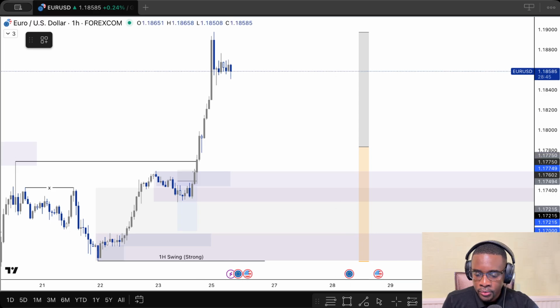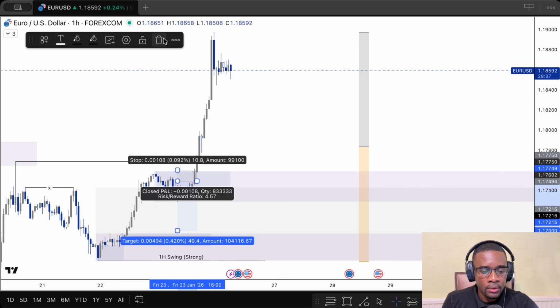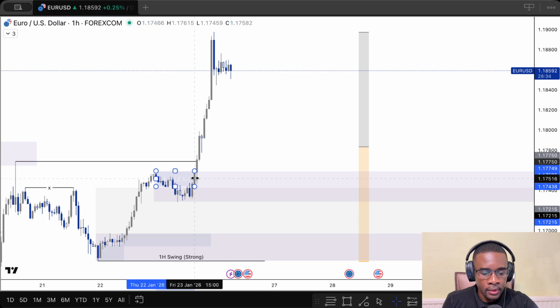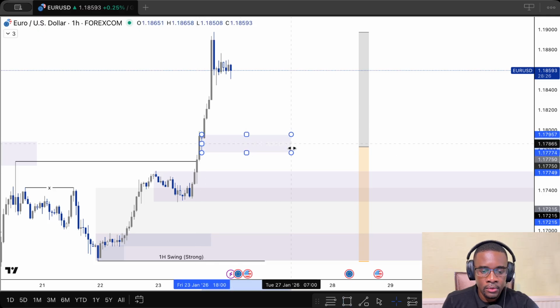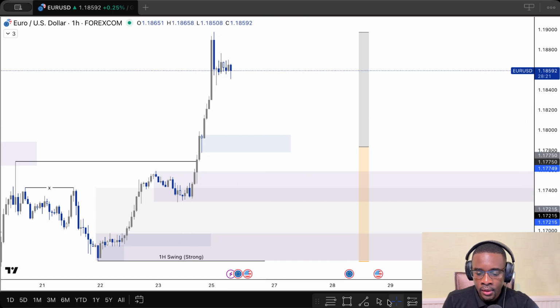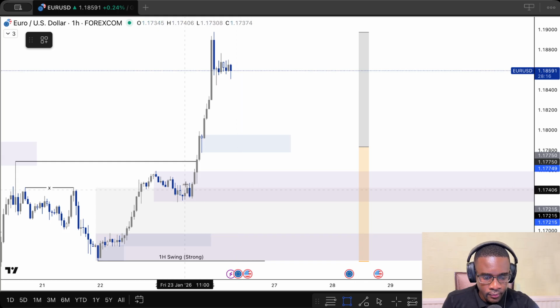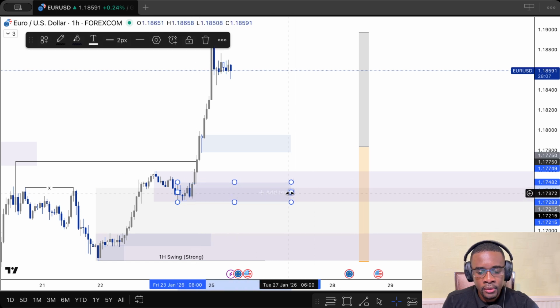Or rather, let me do it this way. We are expecting, this is a fractal demand area right there, and then of course nested down there, that's our demand as well.